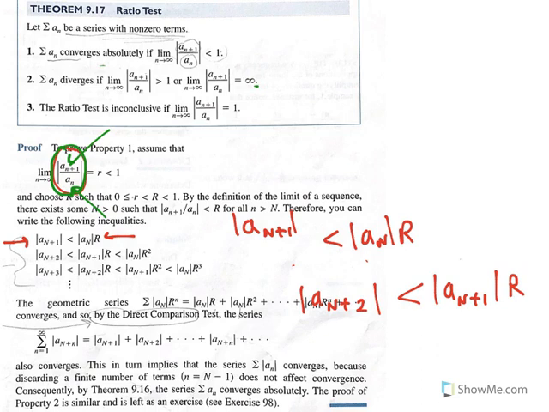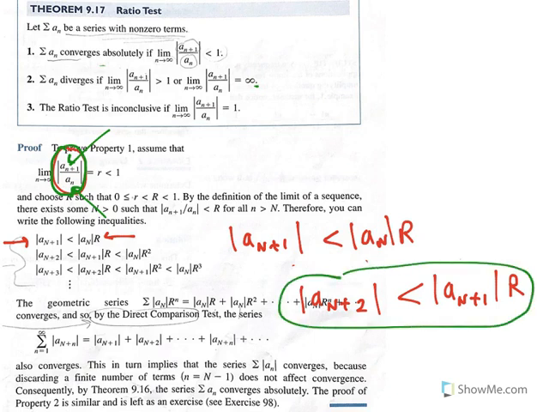Now you will make an observation here. When you look at this inequality that I have here, what do you notice? Well, you'll see that you have the absolute value of a sub n plus 1.